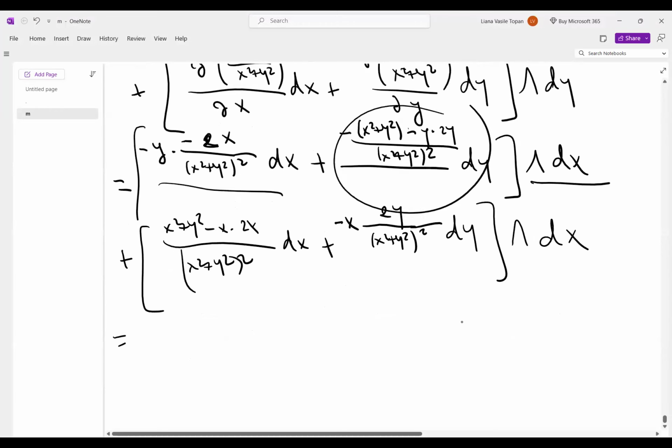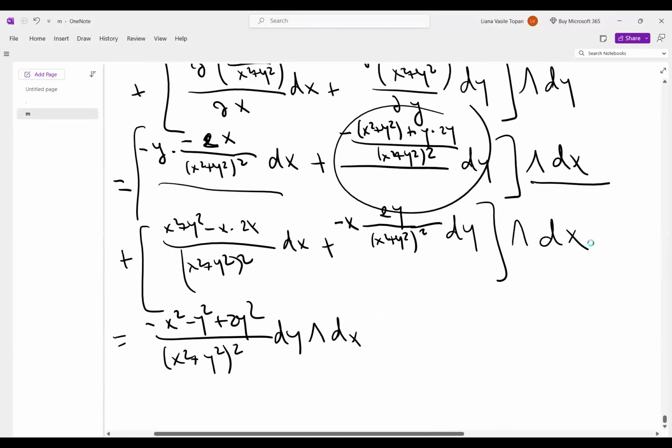So I only have this: minus x squared minus y squared plus 2y squared over x squared plus y squared squared, dy wedge dx.